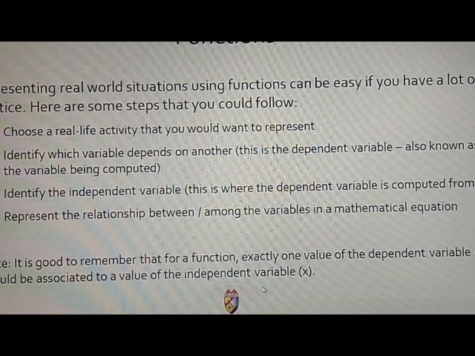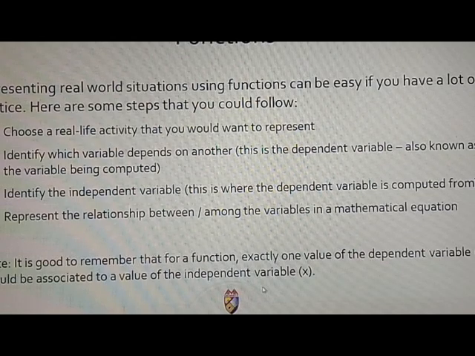Representing real-world situations using functions can be easy if you have a lot of practice. So here are some steps that you could follow. How do we represent a function in our real-life or real-world situation? Number 1, choose a real-life activity that you would want to represent. Next is to identify which variable depends on another.